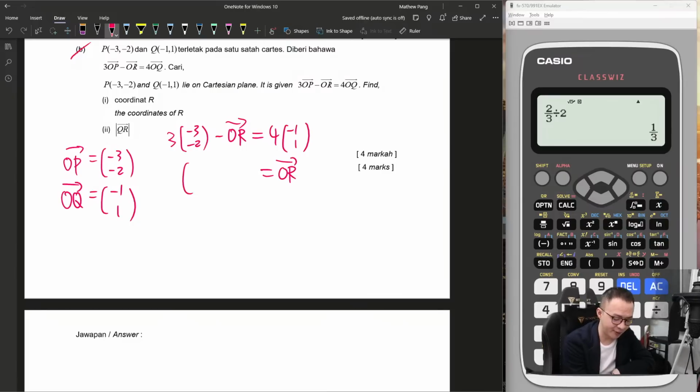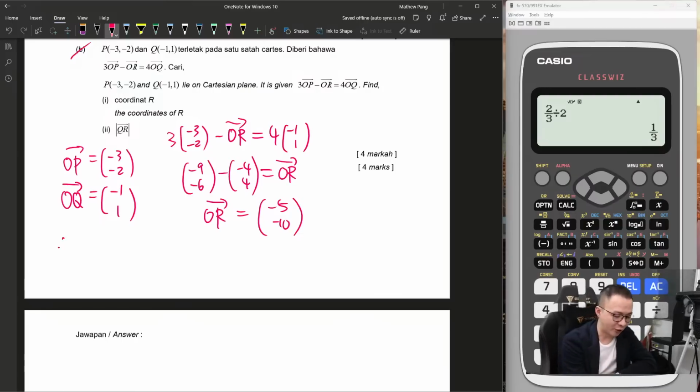This one should be minus negative 9, minus 6. Then this one moved here will be negative 4 and 4. Then I got my OR here. This one should give me negative 5 and negative 10. So therefore my coordinate R should be negative 5, negative 10.